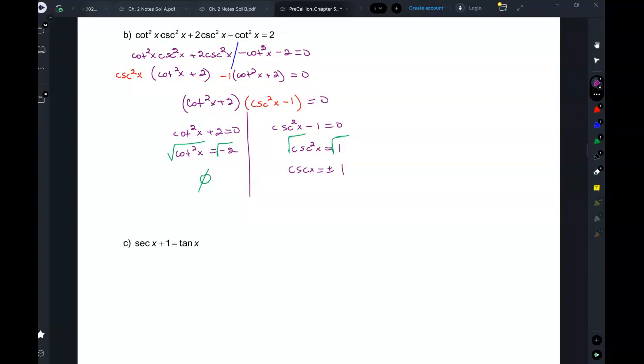Cosecant is like sine. So where is sine equal to 1? Pi over 2 and 3 pi over 2, because we're going from 0 to 2 pi. Okay, and with that, we'll stop here and I can modify the homework for you.